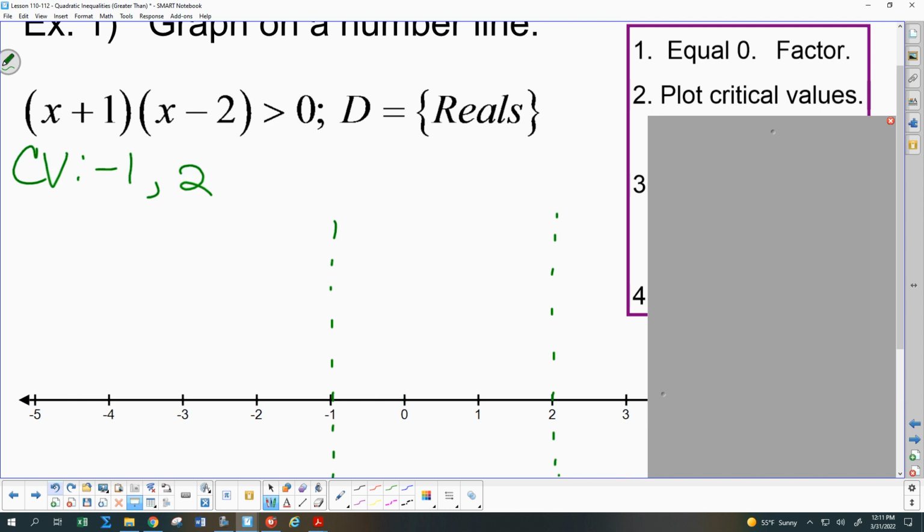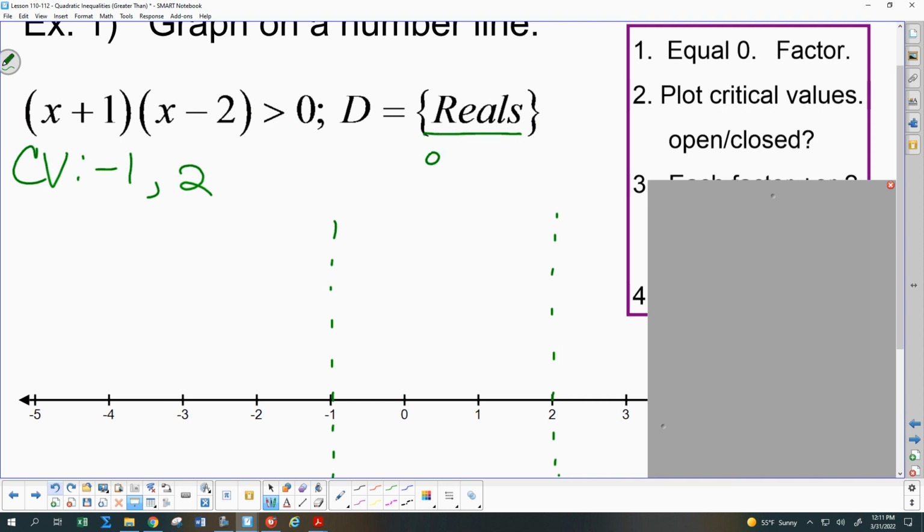So let's start working on this for real. So we plotted our critical values. I want to figure out, since this one is reals, am I going to be doing open circles or closed circles for my shading? Do I have an or equal to in this problem?